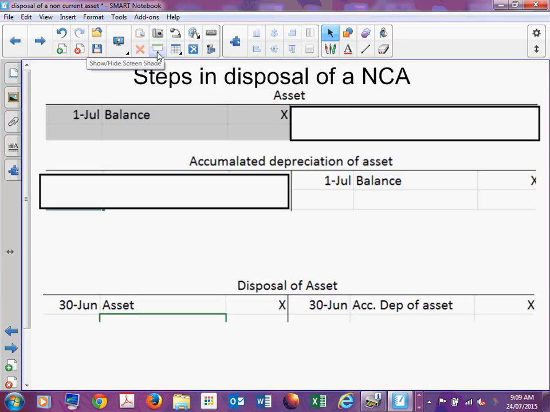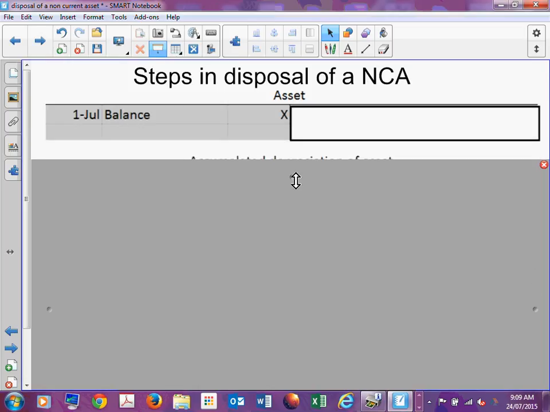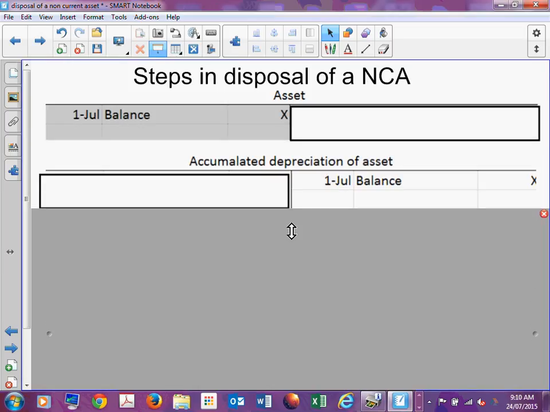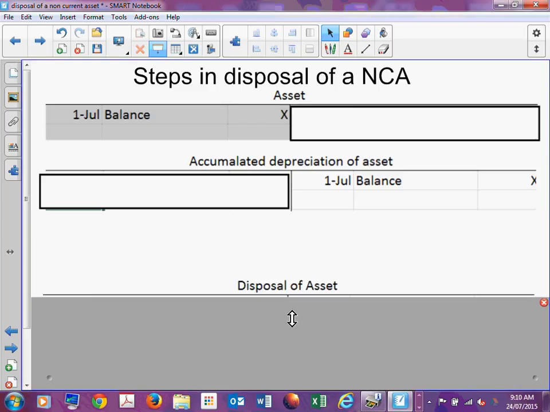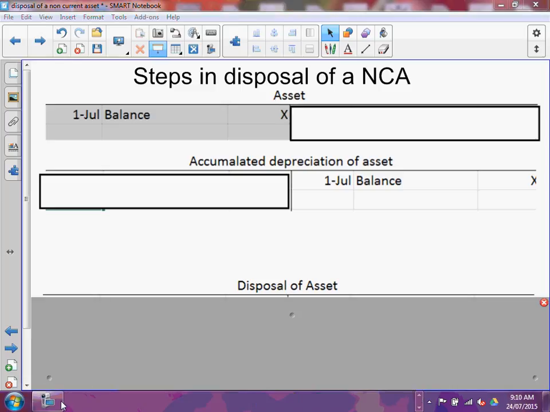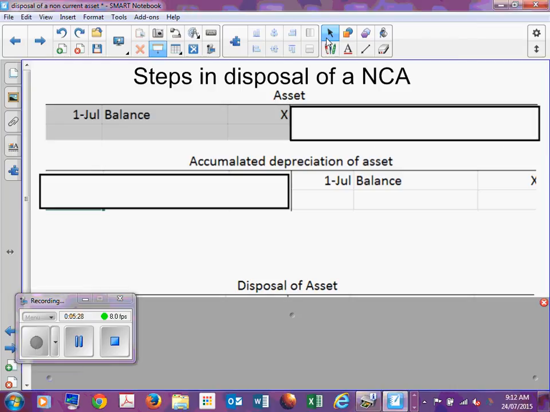All right, what I need you to do now is to draw up 3 ledger accounts. One an asset with an opening balance, one with accumulated depreciation with an opening balance, and a disposal account, please. Okay, so the aim of the game is to make sure that you decrease the asset. So in our general journal, we just wrote down, what was the first entry?